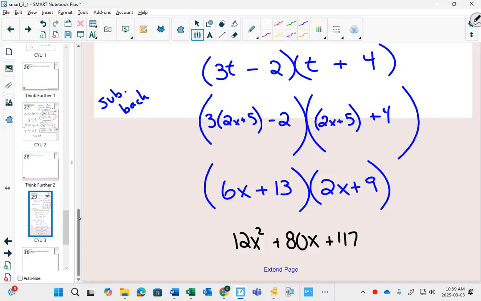You could use your grouping strategy from grade 10, but your grouping strategy in grade 10 would say you need to find two numbers whose sum is 80, and the product of those two numbers, well, what's 12 times 117? 1,404. This is very hard to factor. So this method of substitution is way faster in this example. Okay, questions for practice, circle 15 and 16.